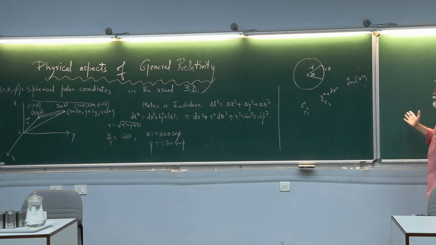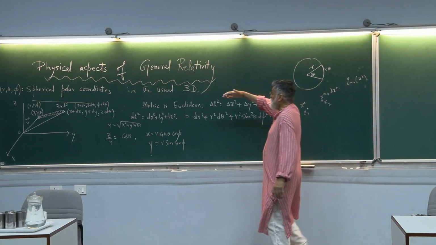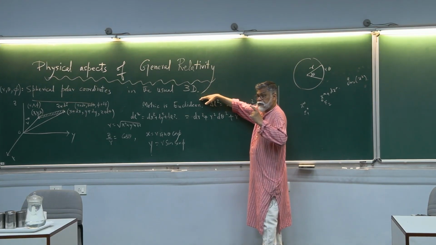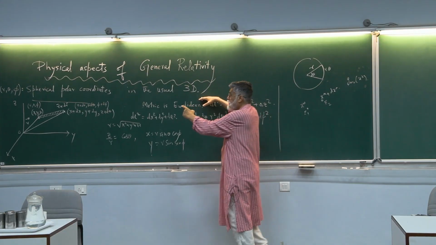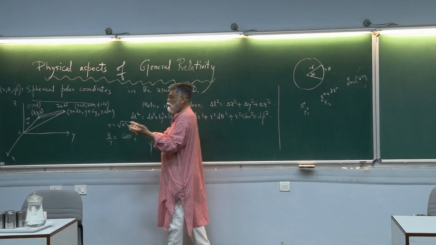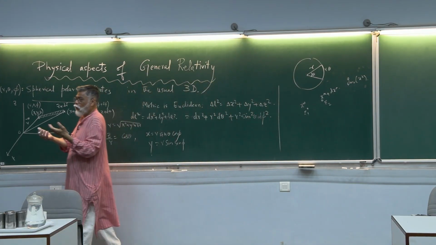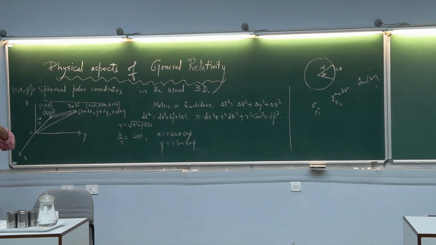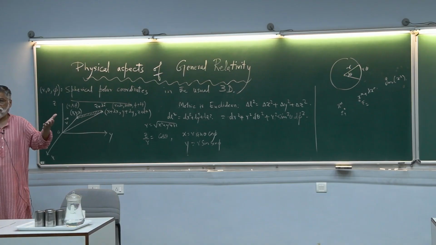Go back. What did you do in the case of three-dimensional Euclidean space? You essentially made a connection with the Cartesian coordinate system. Why? Because all your measurements in three dimensions are based on Euclidean geometry or Pythagoras theorem.